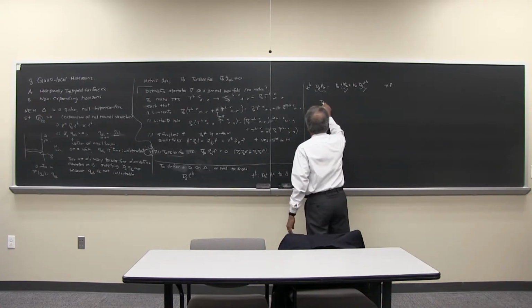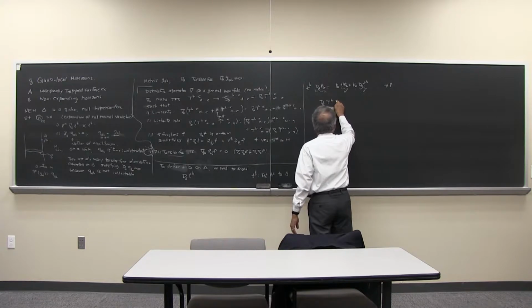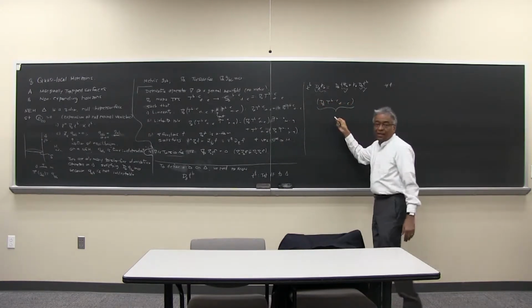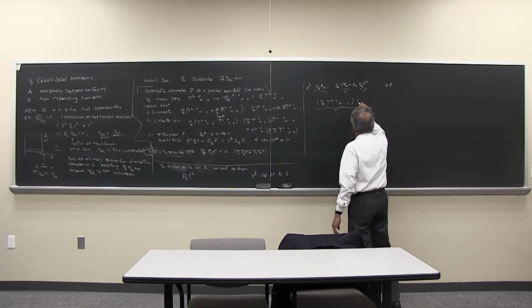Because if you want to know what dA of T, B, C, D, E is, well, to know this function is the same as just contracting it with tensor fields.